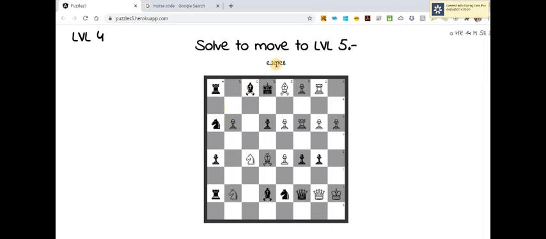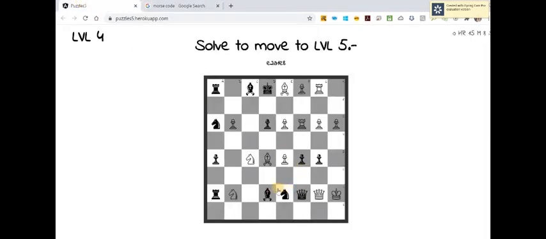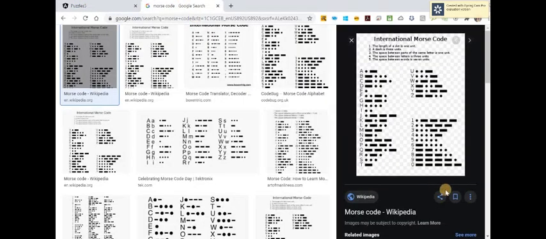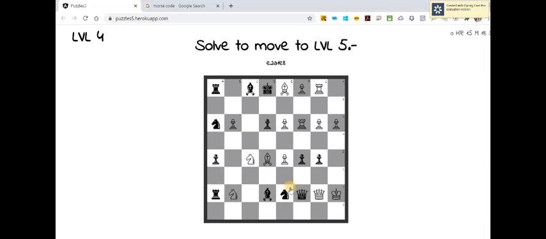Dot dash stands for A. So A is the first part of the last input, and the last here is 3 dots and 2 dashes, which is 3. So A3 is the exact answer for this.